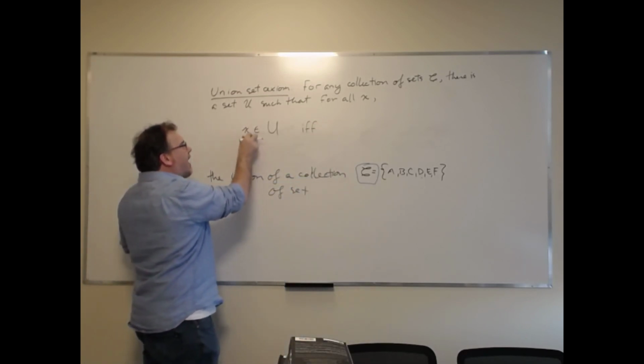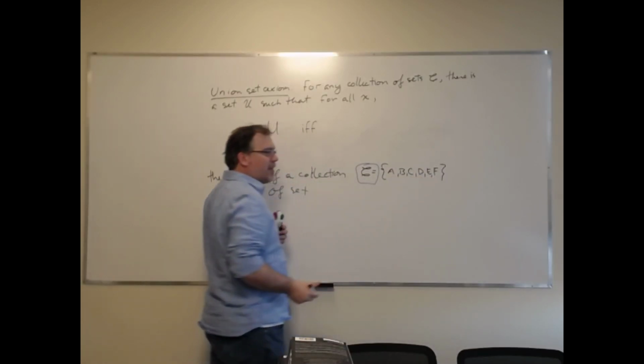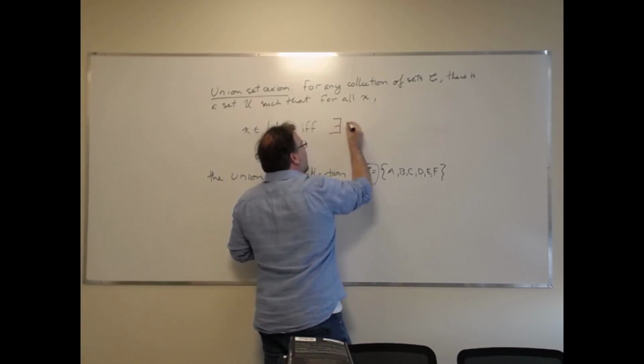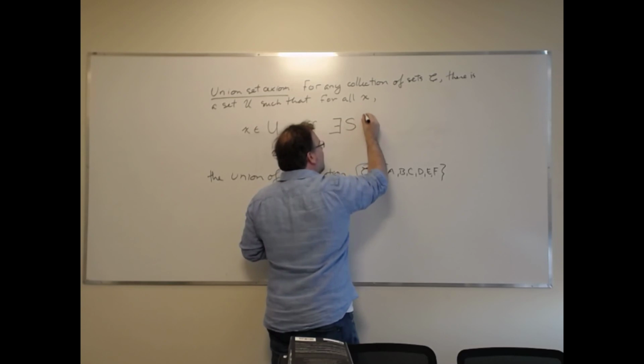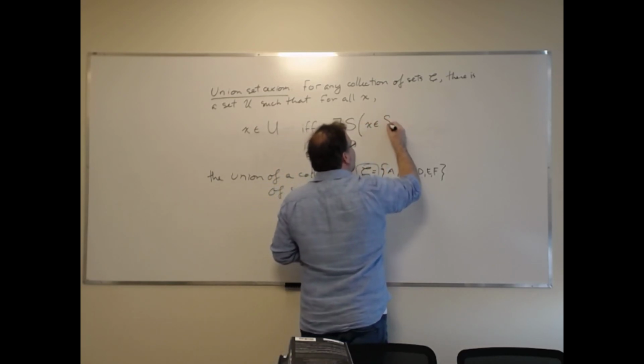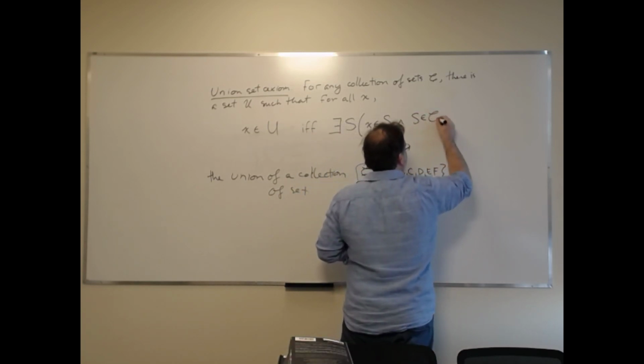If and only if x is in at least one of the members of that collection. And that's how we write it. If and only if there exists a set S such that x is in S, and furthermore, S is in the collection.